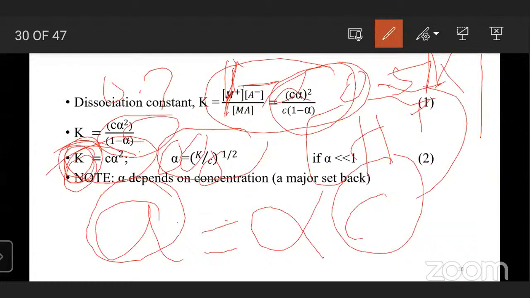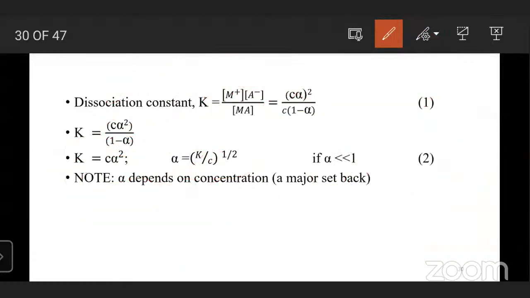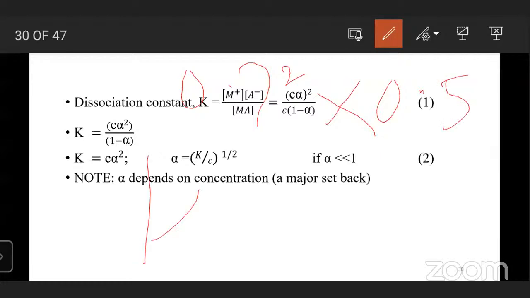You multiply the square of your degree of dissociation by the concentration you are provided with. If it is 0.5, fine. If it is anything you are provided, just multiply it by it. You will get your K out. If you're able to get your K for an acid, that will be Ka. For a base, that will be Kb, depending on what you are dealing with.